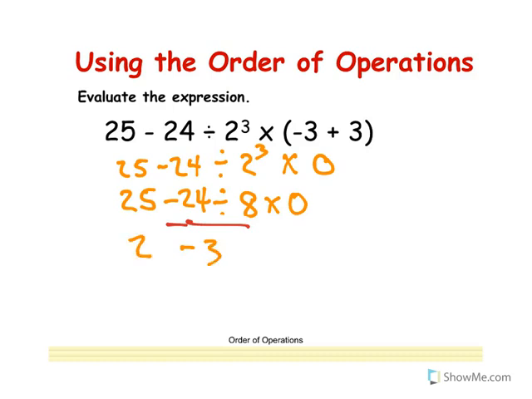Now, I do not bring down the negative sign because I already used the negative sign when I evaluated negative 24 divided by 8. If everything I said completely confused you, then just scrap it for now and just do 24 divided by 8 is 3 and then bring down the subtraction sign. Your result will be the same. So now I'm looking at my multiplication step, which is 3 times 0, which is 0. And of course, 25 minus 0 is going to give us 25.